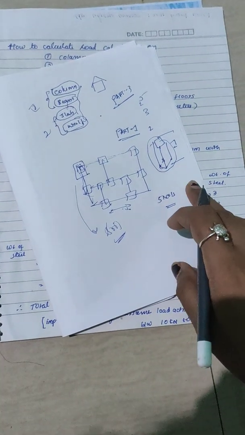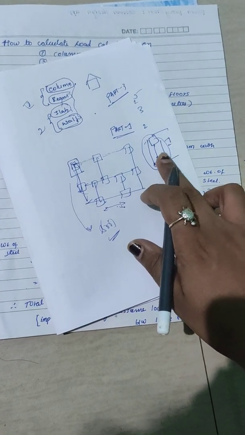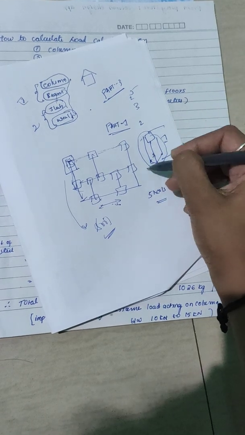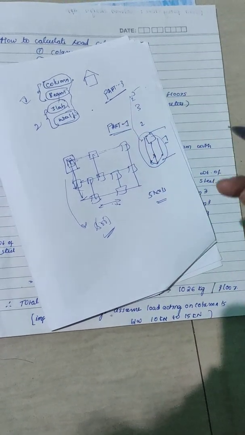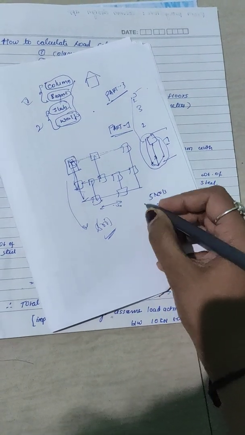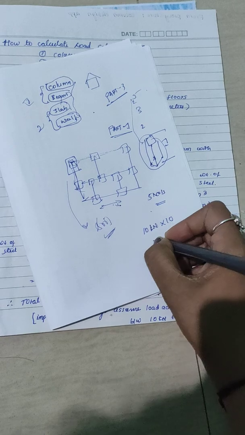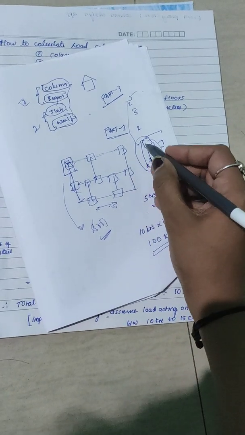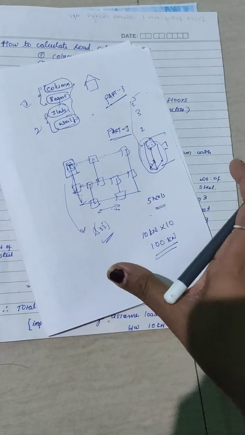If you want to find out how much weight is acting on this column, find the weight acting on the single column in the first floor, and you can easily find it for 5 floors. For example, if you get 10 kilonewton, 10 kilonewton into 10, that is 100 kilonewton is the total load acting on this particular column from the 5 floors. This is what I will explain.